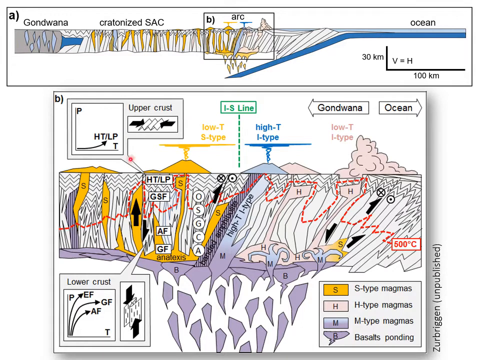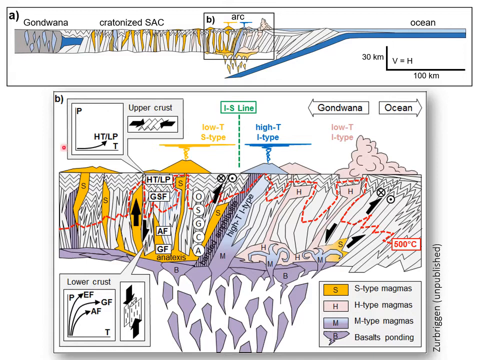So at the same time as we have high temperature, low pressure metamorphism related to the heat which is transported by these orthogneisses into the uppermost crust, we have high pressure, high temperature metamorphism in the lower crust.